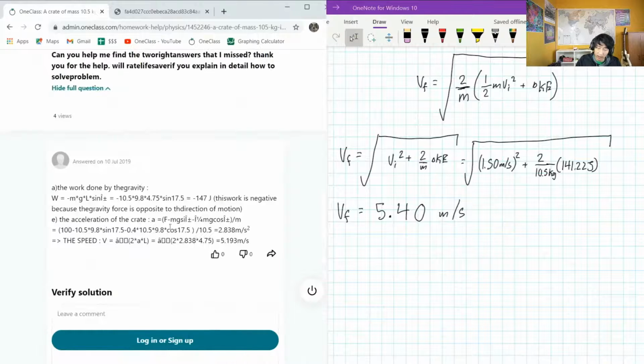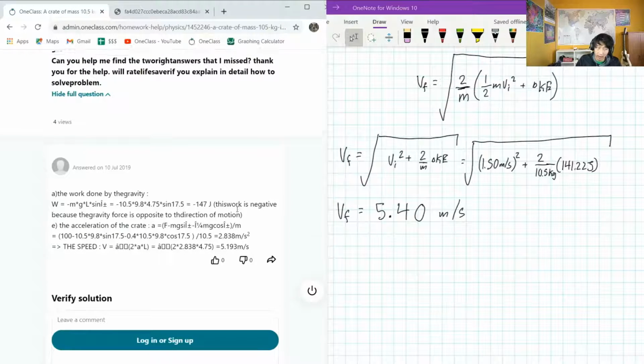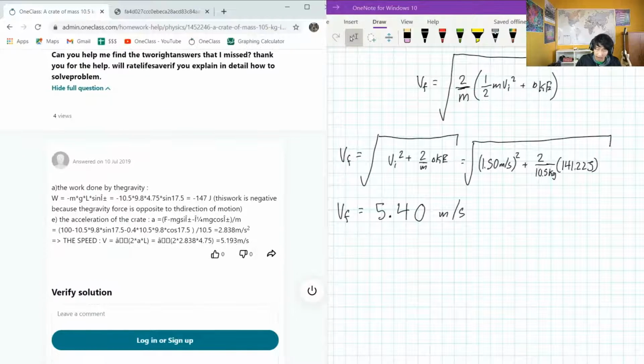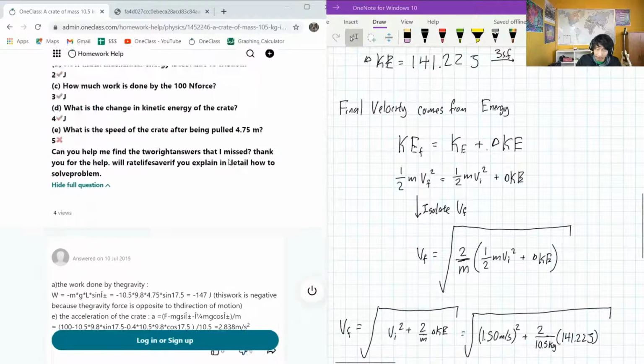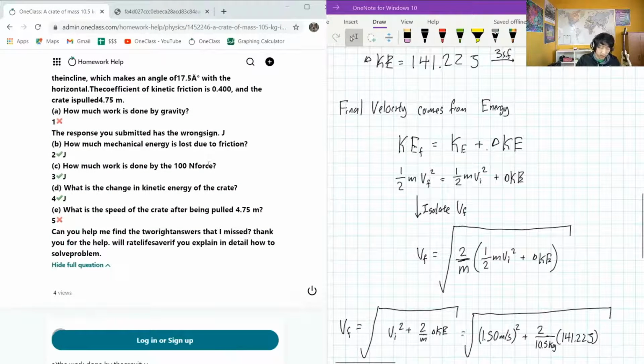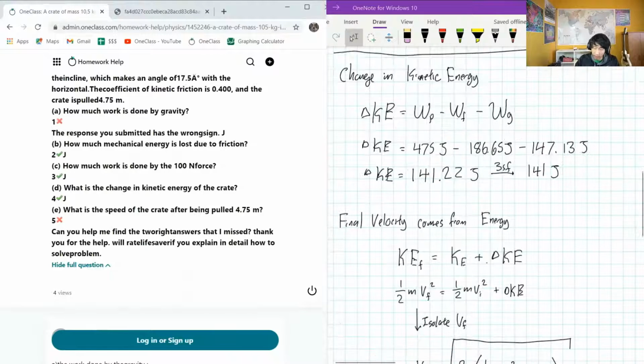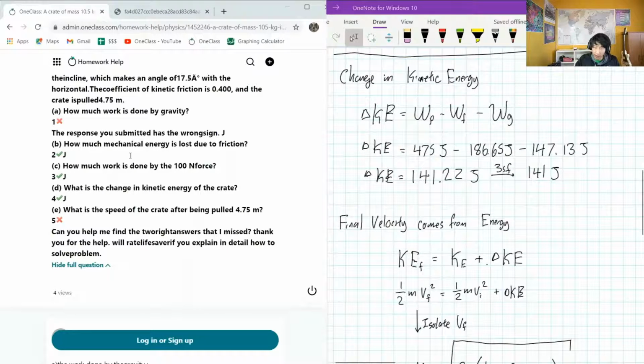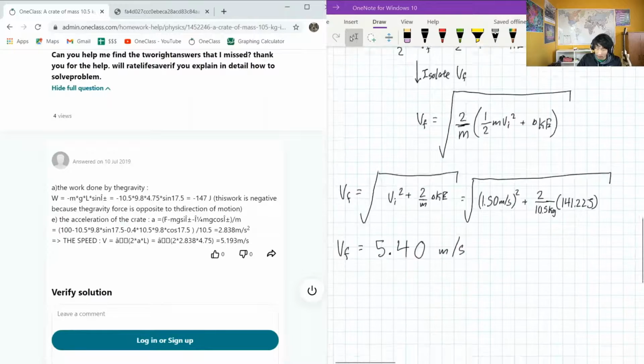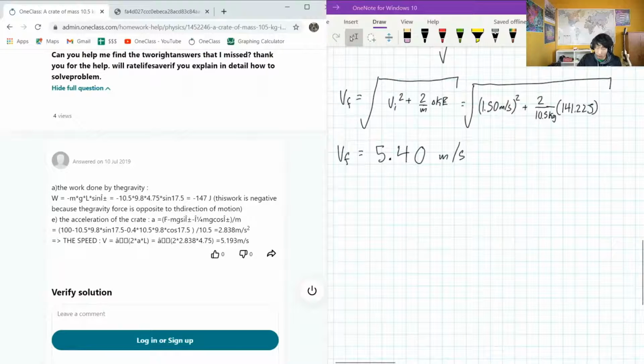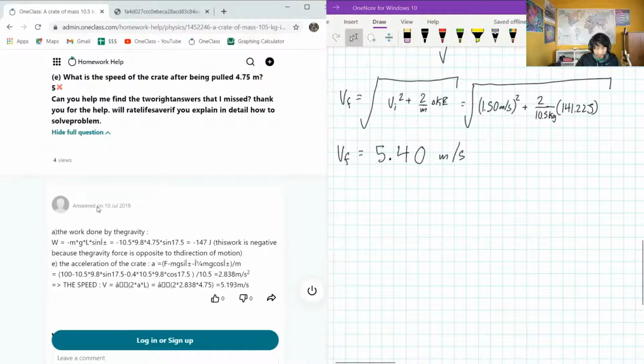So because of the slightly different process, there could be some rounding errors that are causing this discrepancy. But when you address this question on a step-by-step process, you should hopefully find that every question builds off the previous question, because you're calculating the work. So given that, I trust my answer a little bit more. Okay, so this will be the final velocity of the crate, and that will be that.